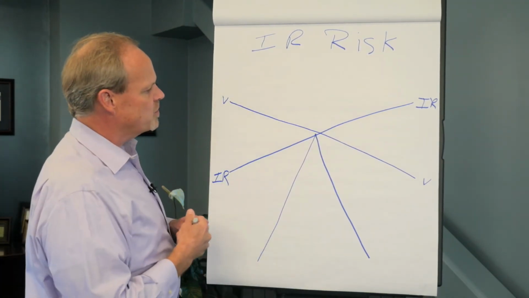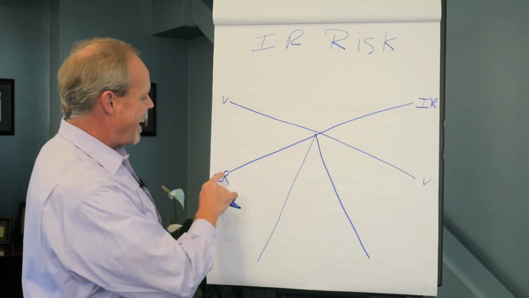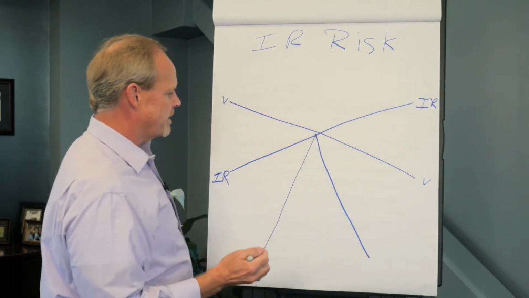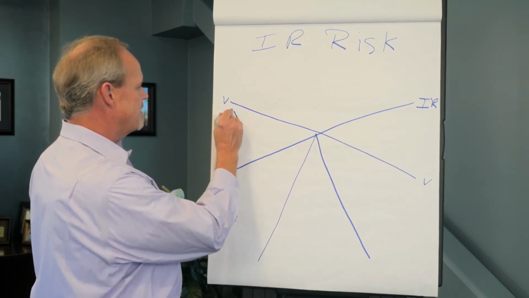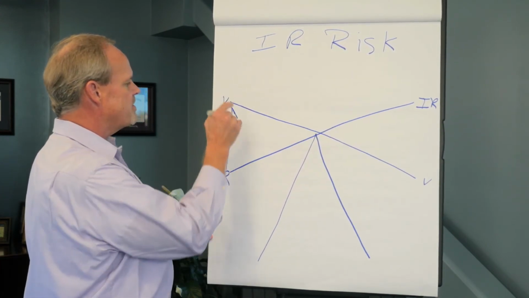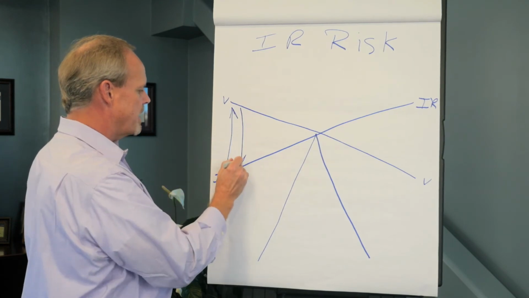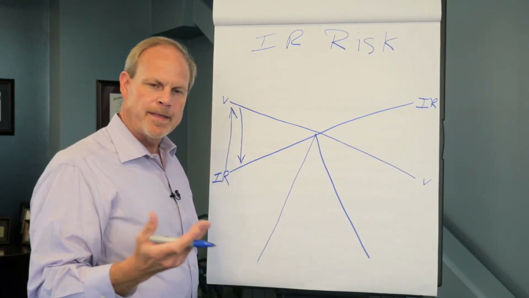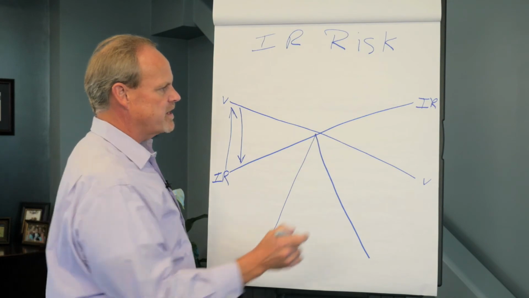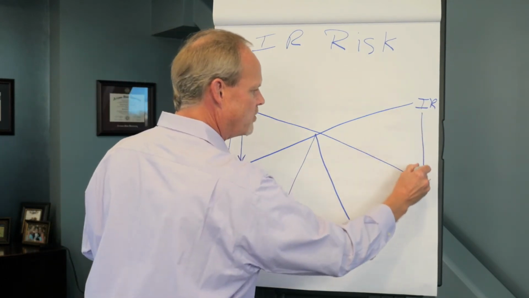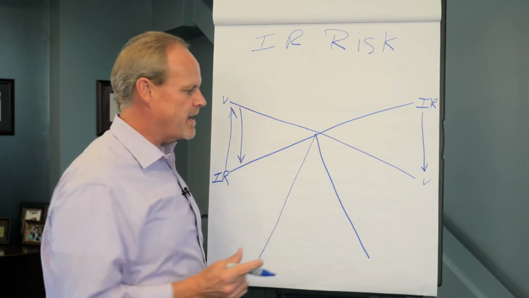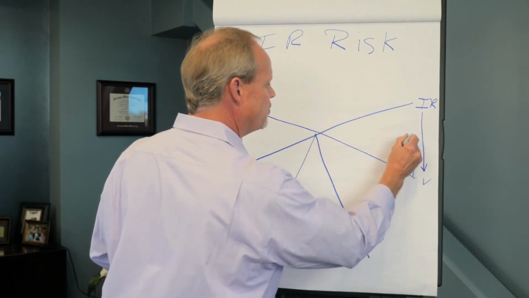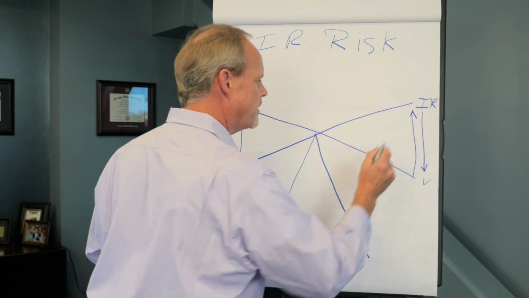One of the things you'll notice is that if interest rates go up, then the value of a bond goes down. Just the opposite happens if interest rates go down, like we've seen in the last 20 to 25 years: the value of the bonds goes up.